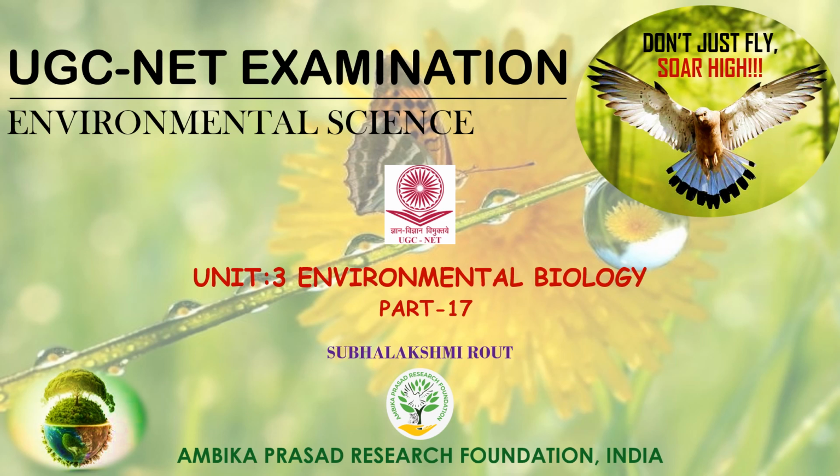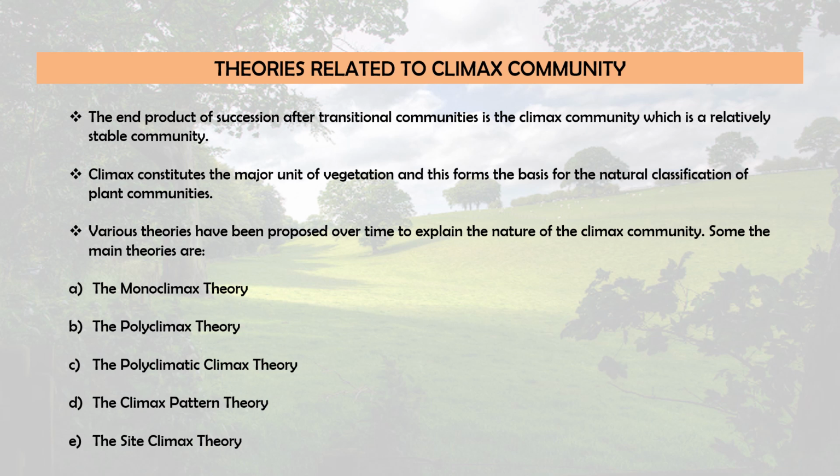We are continuing our series on the UGC examination for environmental science, and this is the 17th part of Unit 3, Environmental Biology. Today we are going to discuss theories related to the climax community. The climax community is the end product of succession, after going through a series of changes, which ends up with a stable community.